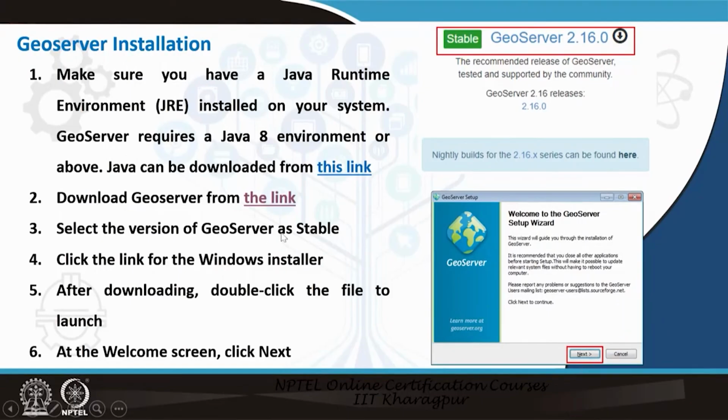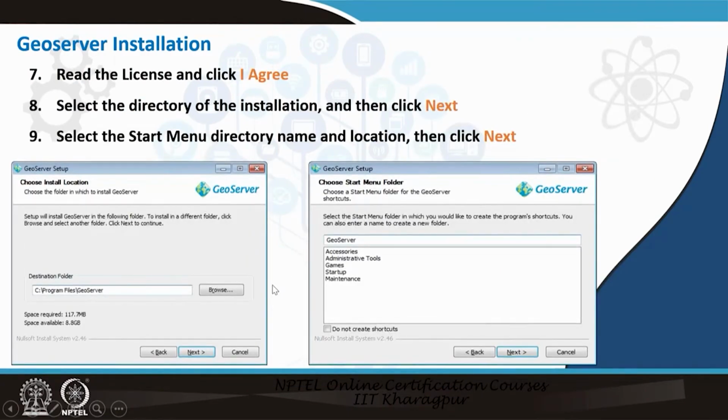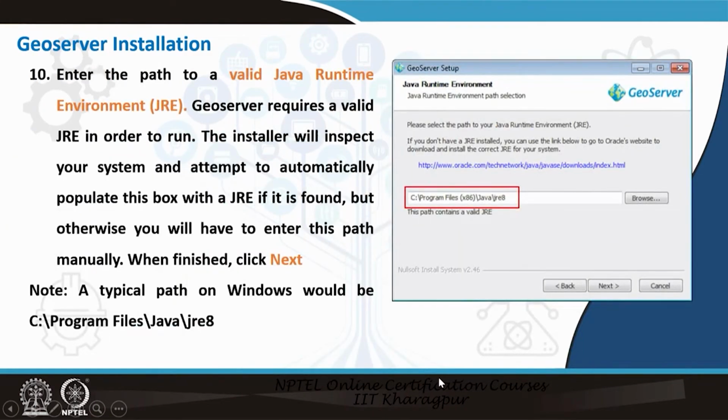Here when you click on that particular file, the Geoserver welcome wizard opens. You have to press next, and then once you give the designated folder in C drive or D drive or any of your drives, you just click on next, and this will take you to the main Geoserver installation, and also it will ask where the Java environment is located.